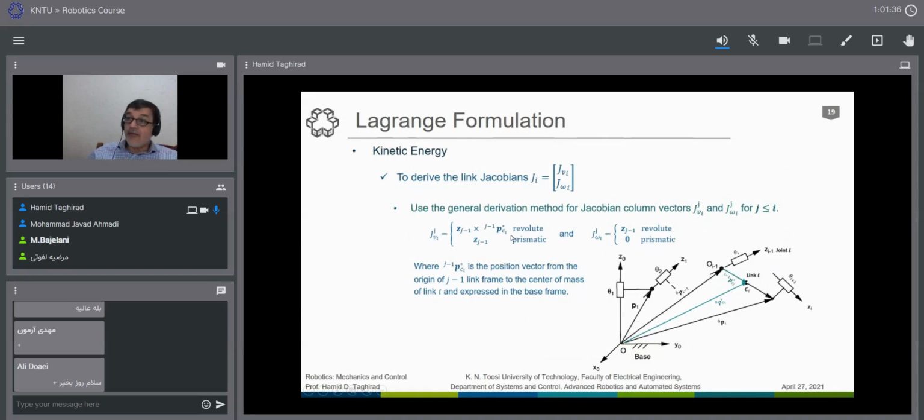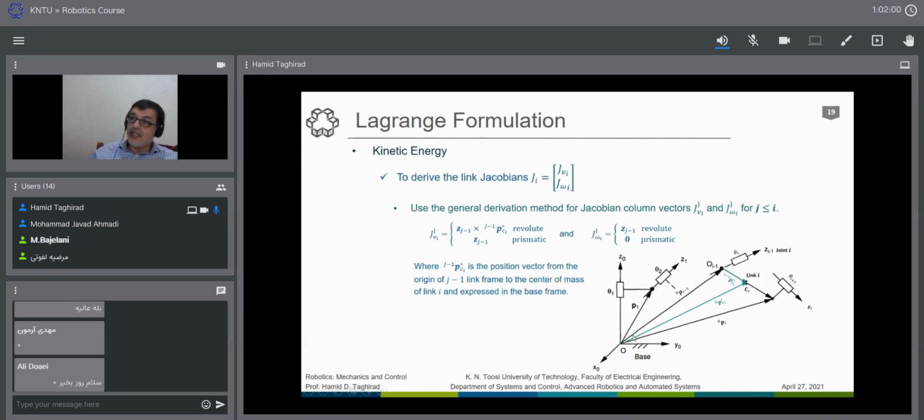So we need to find the PCI, the position vector from the origin of the J minus 1 link to the center of mass of the link I, for each preceding joint, and we can do that iteratively. We can find the first one easily and then go back to the end one.